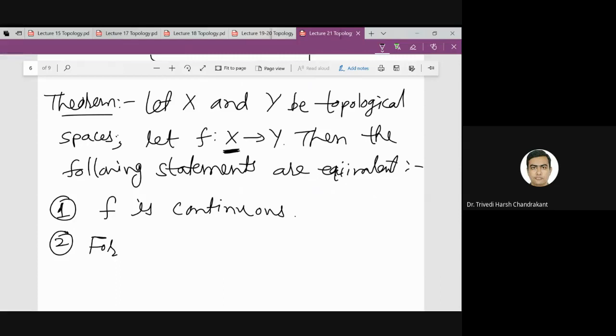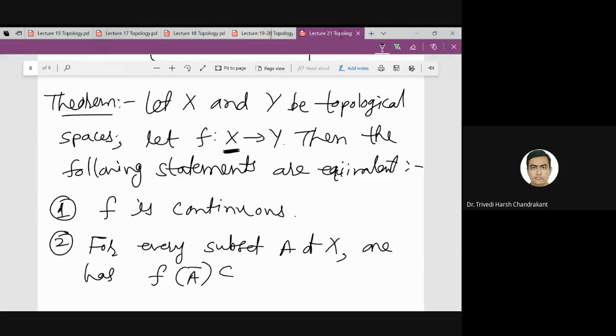The second condition is that for every subset A of X, one has f of the closure of A is contained in the closure of f(A).